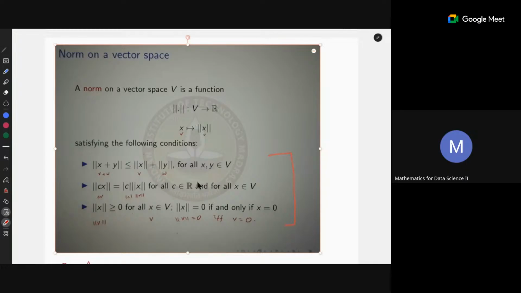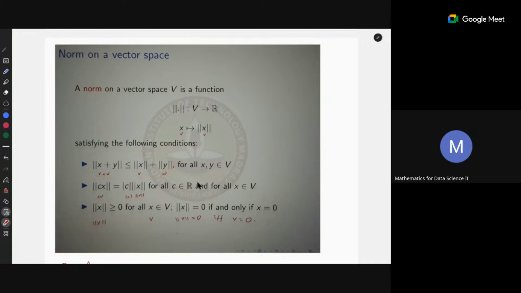First condition is that if you take the norm of the sum of two vectors, then it is smaller than or equal to the sum of the individual norms of the vectors. This is also known as a triangle inequality.